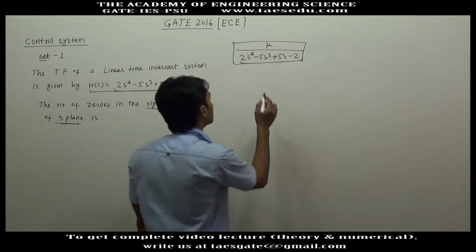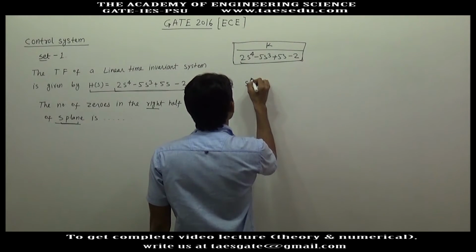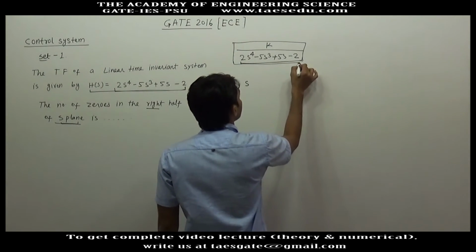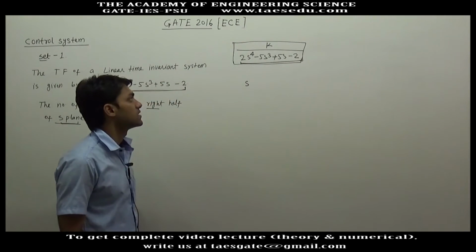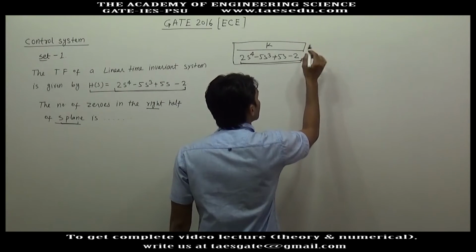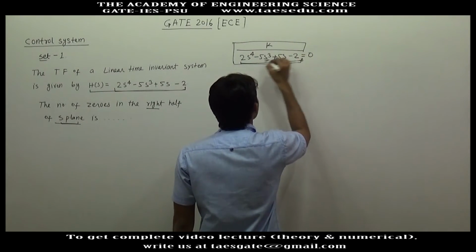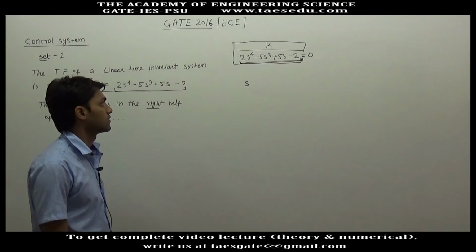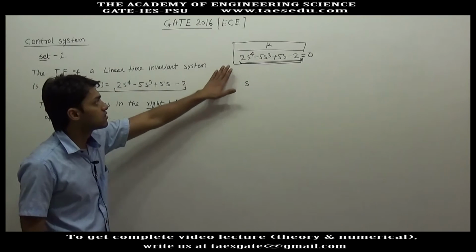So to form the Routh-Hurwitz table, the number of right half poles of this closed loop transfer function will be the same as the number of right half solutions of this characteristic equation, or the number of right half zeros of this equation.